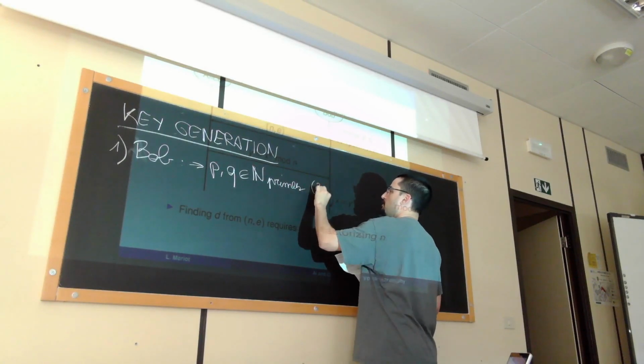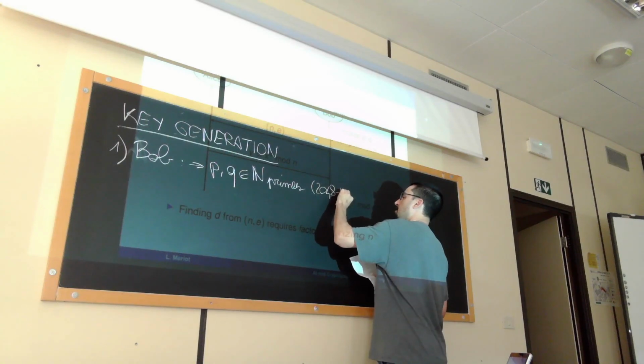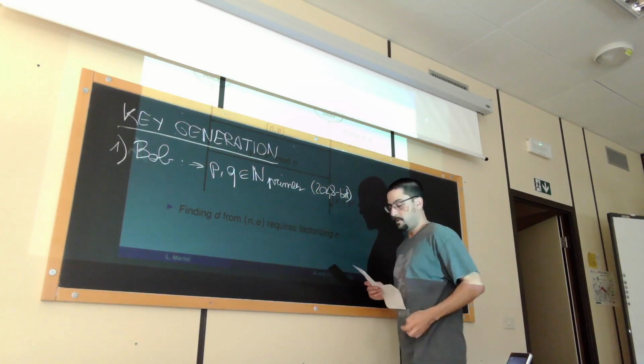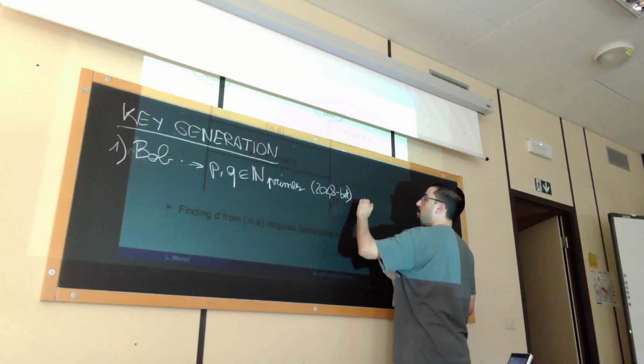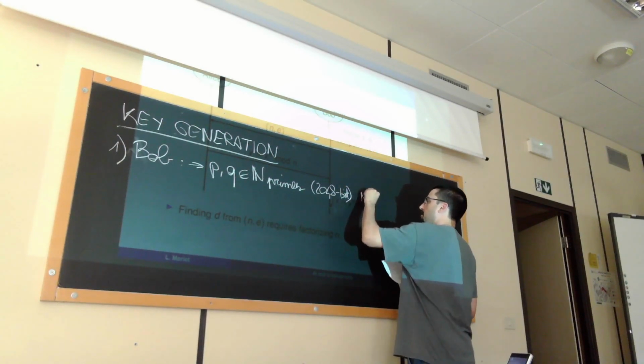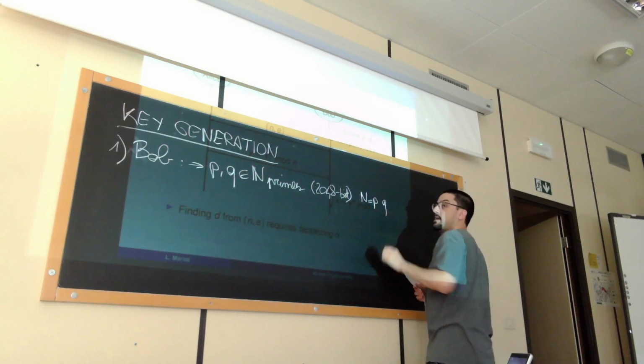For example, encoded by a string of 2048 bits. And after this, he computes the RSA modulus, which is simply the multiplication of P and Q, n = P times Q.